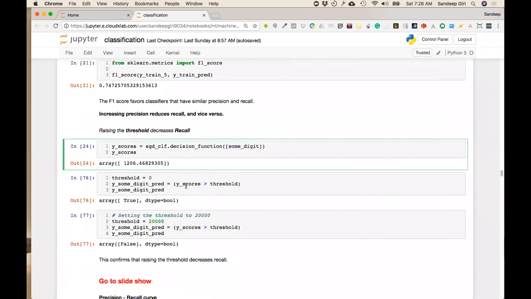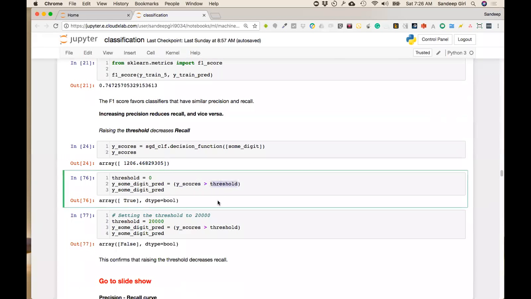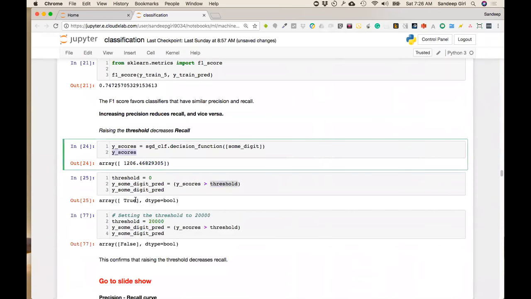Now, if we say y_scores greater than threshold, it will compare this threshold against the scores, and it will tell us true or false.